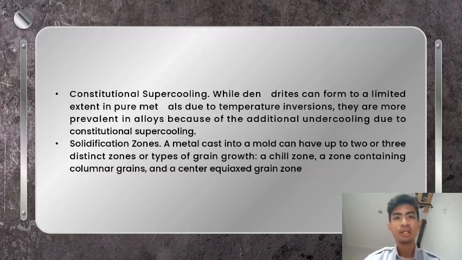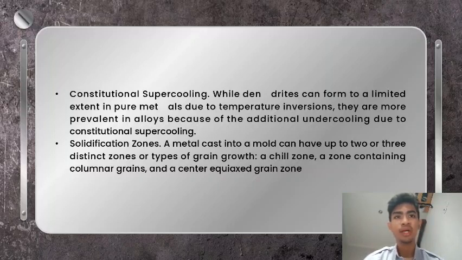A thermal gradient is most easily controlled by controlling the rate of heat extraction from the casting, or the cooling rate. High cooling rates encourage columnar solidification, while low thermal gradients encourage equiaxed solidification.